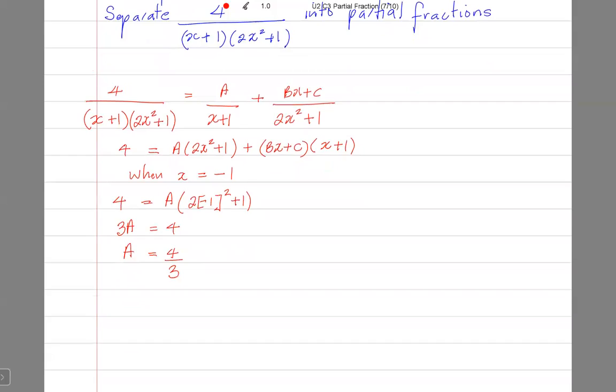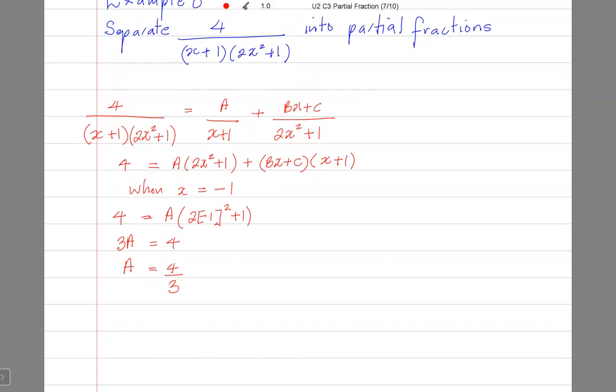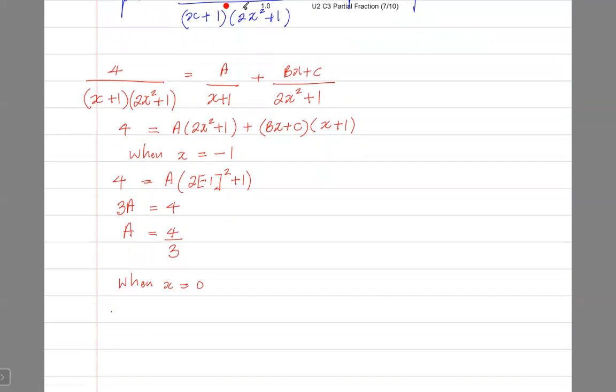So I have A, and I need to find A, B, and C. I could, let us say, make x 0. By making x 0, when x is equal to 0, I'm going to get 4 on the left is equal to A into 2 times 0 squared plus 1 plus B times 0 plus C into 0 plus 1.